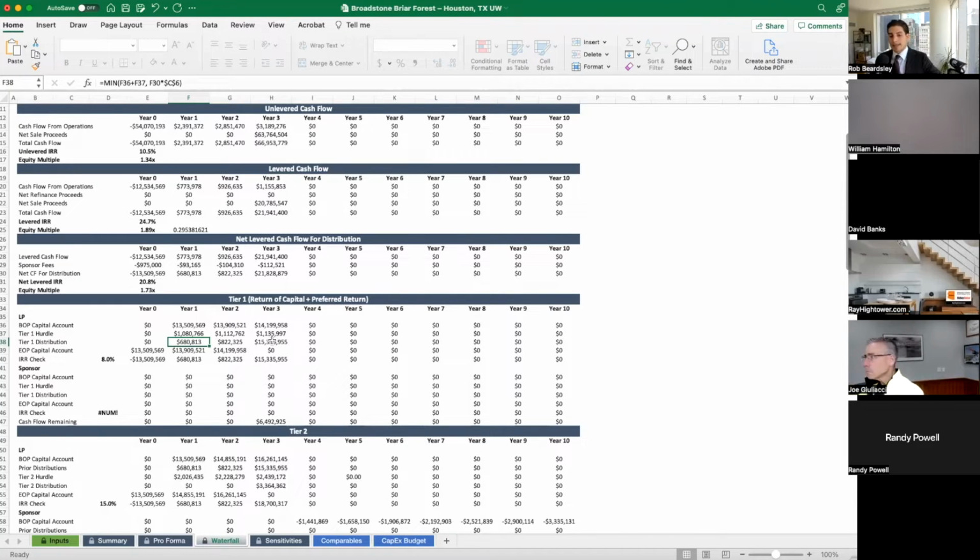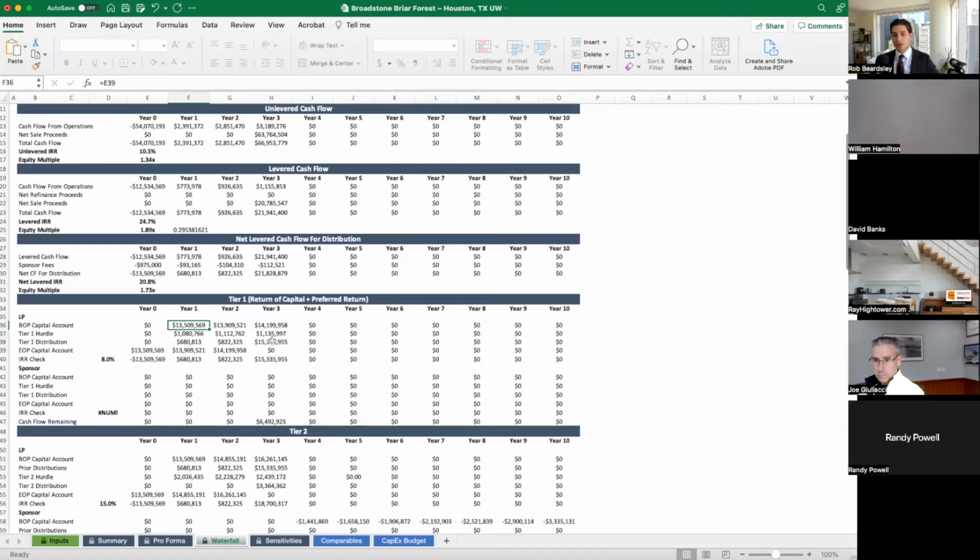Well, it actually gets tacked on to the capital account. So in year one, we invested $13.5 million, but at the end of year one, we effectively have invested $13.9 million. Please let me know in the chat or however you want if that doesn't make sense, because this is the fundamental way that the waterfall calculates the compounding nature of the preferred return. And it'll make sense in year two very shortly as well.